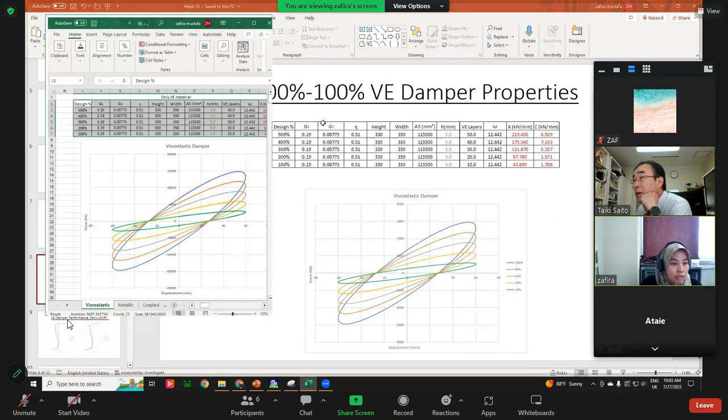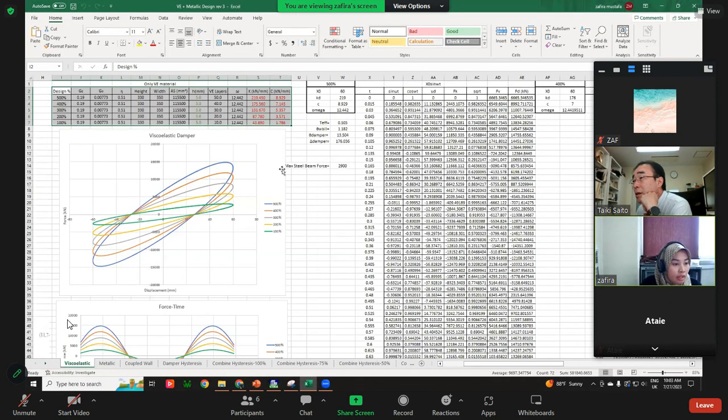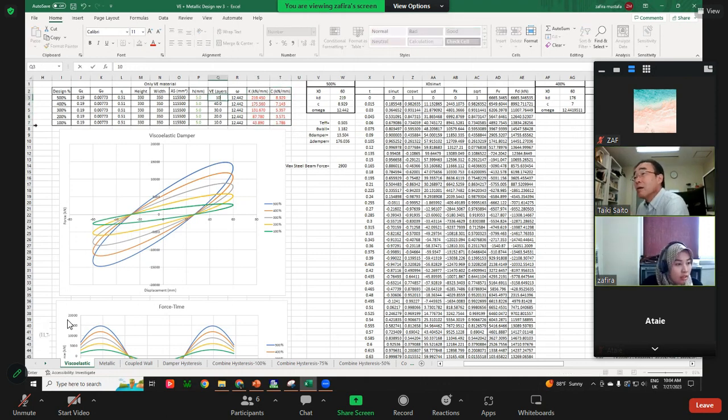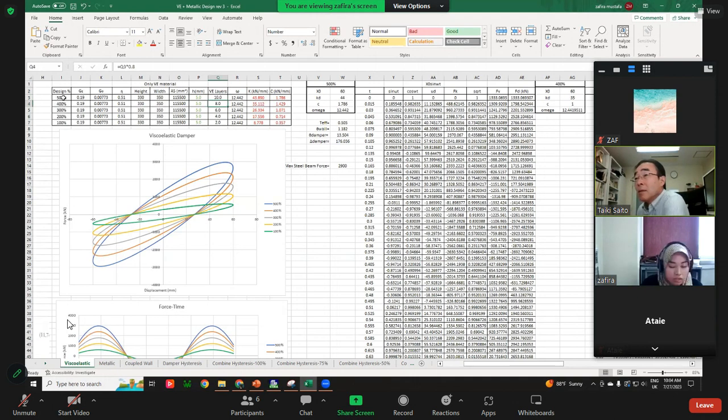So here the period is 0.5, and then we have the K and C value. This is for 100%, which is 10 layers. But for viscoelastic, we need to increase the damping and stiffness. So we try from 500% to 100%, so it will be 50 layers to 10 layers.